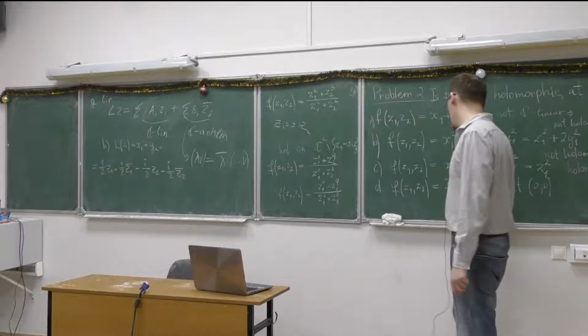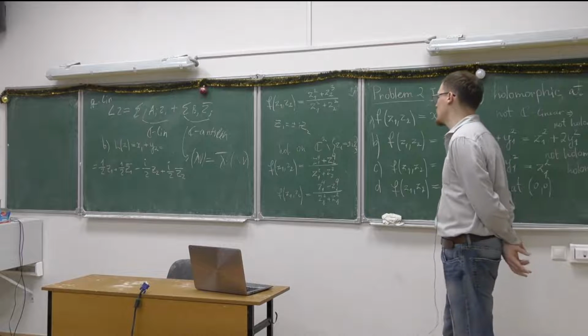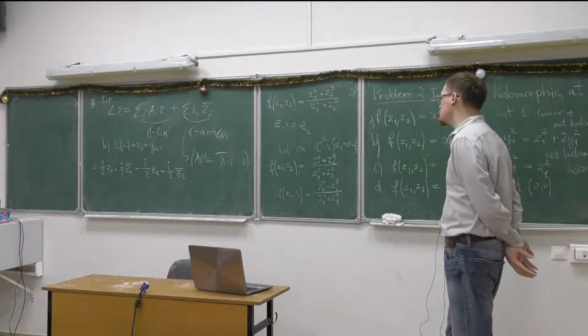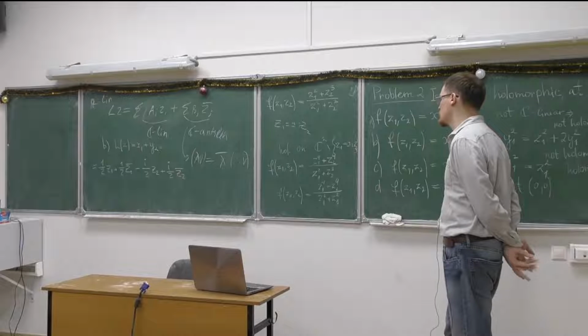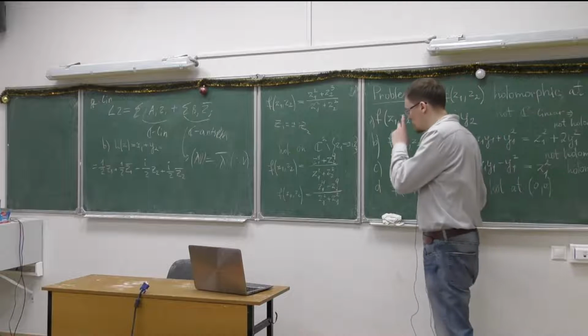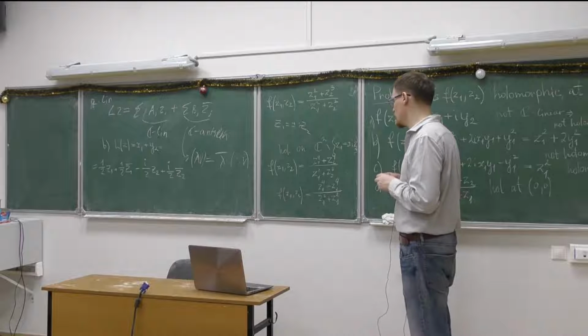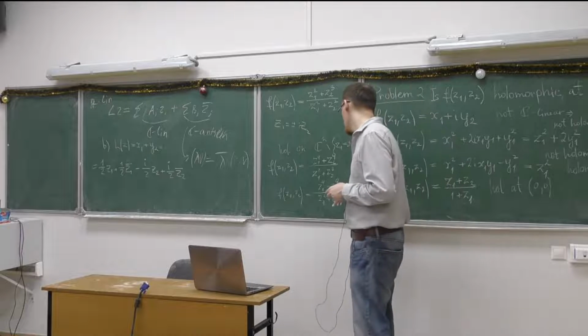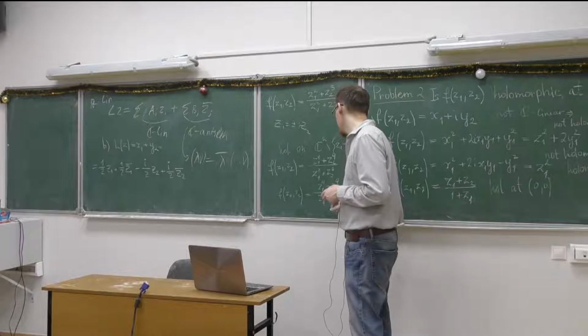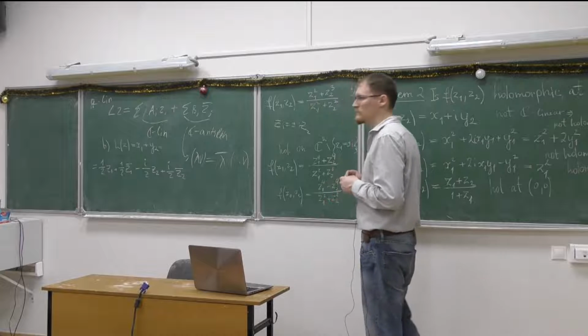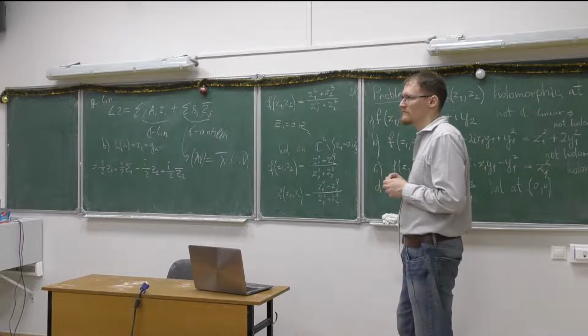Yeah, so what if we change plus to minus? Downstairs we have z1 squared plus z2 squared. But if we change plus to minus, then we get removable singularities.